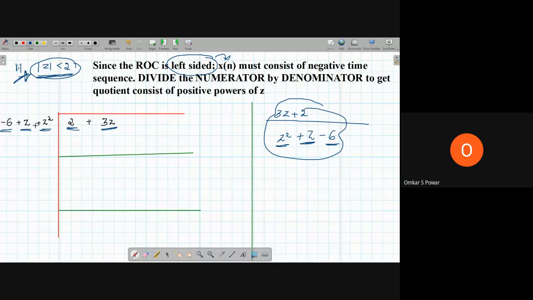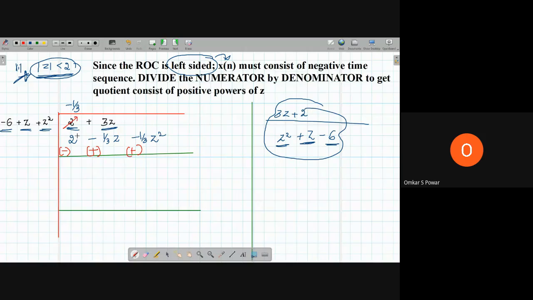So minus 6 and 2, you have to multiply by minus 1 by 3. Minus 1 by 3 into minus 6 is plus 2, minus 1 by 3 into z is minus 1 by 3 z, and minus 1 by 3 into z square is minus 1 by 3 z square. Now we interchange the signs: plus becomes minus, minus becomes plus, and minus becomes plus.